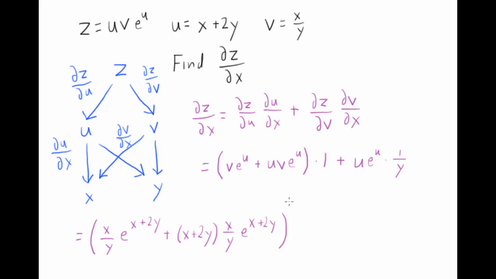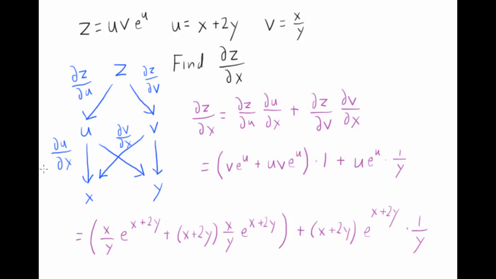That's all in parentheses, times 1, I won't write down the 1, plus u, which is x plus 2y, times e to the u, so that's e to the x plus 2y, times 1 over y.